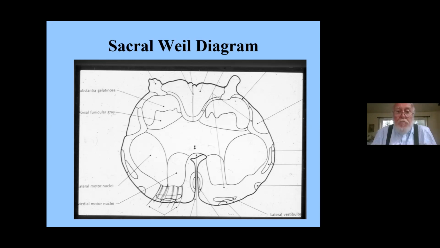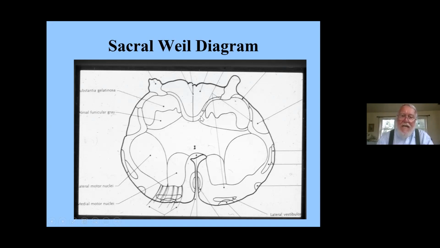So again, what are we looking at here? What we're looking at is the dorsomedial septum, and then the fasciculus gracilis on either side. Then lateral to that we see a small dorsal root ganglion here and here. And then we have the dorsal horn.